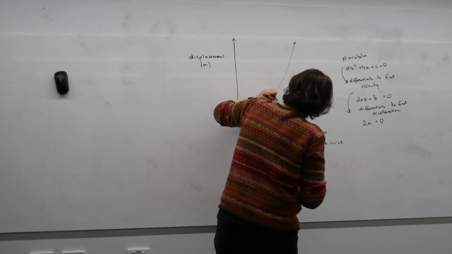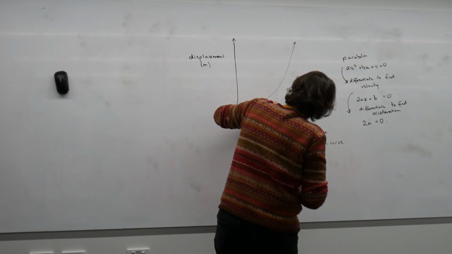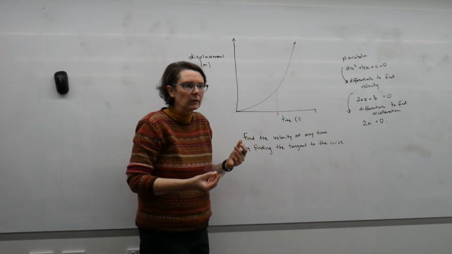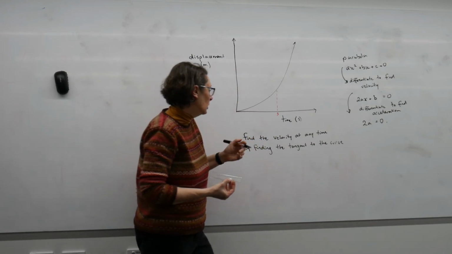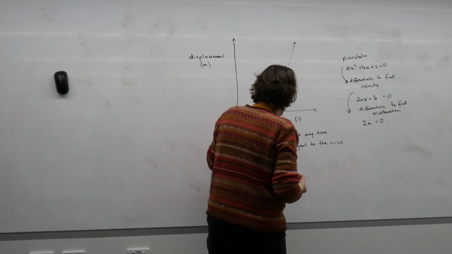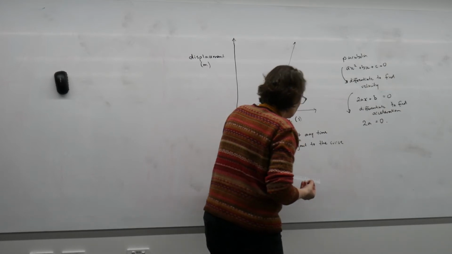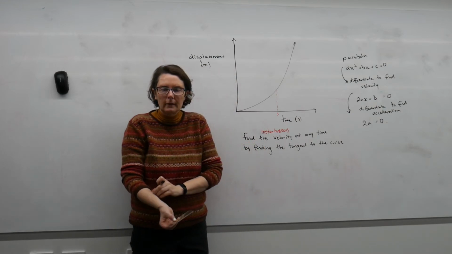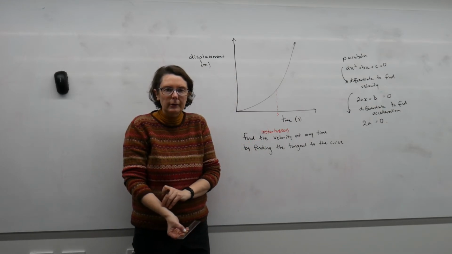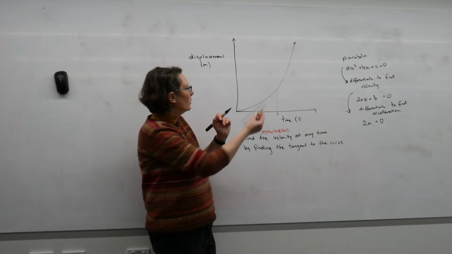So just say this then was the 3 seconds that I want to find the instantaneous velocity. Okay, so this will be instantaneous. So how fast is it going at 3 seconds is the tangent to the curve.